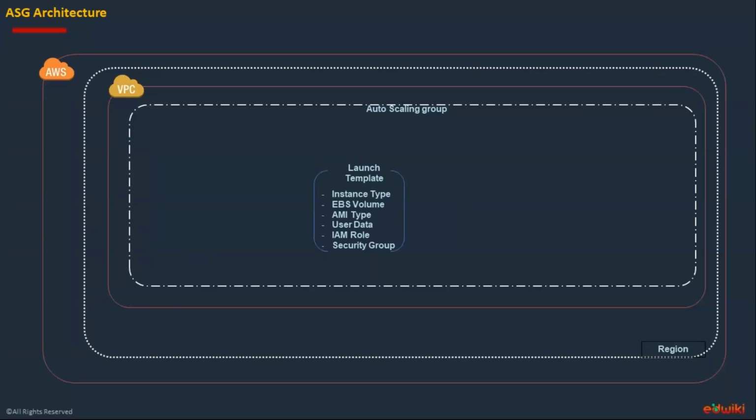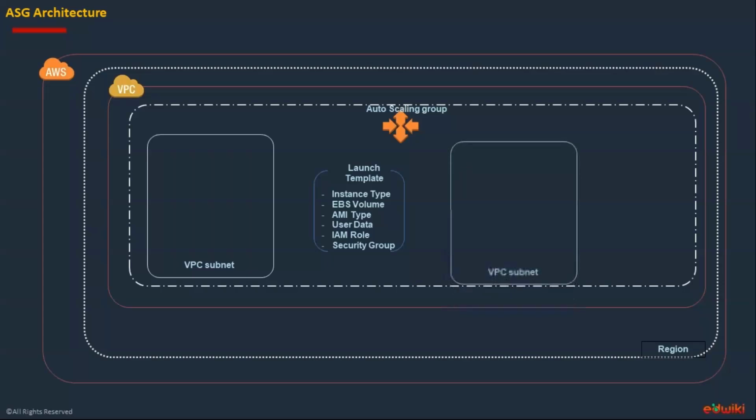Basically, the number of servers that AWS is running for your application will be grouped into an auto scaling group. If you ask me what an auto scaling group is, it is the logical group that AWS has created to keep all the servers that it created for running the application, right? So when you are defining the auto scaling group, you tell it to keep the servers in a specific subnet.